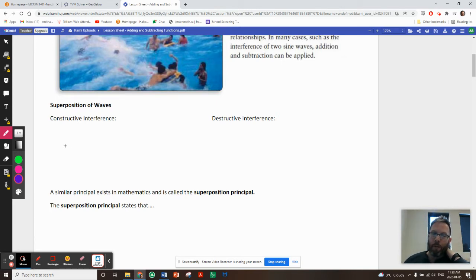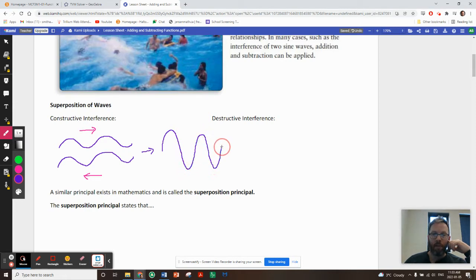But this idea of superposition in waves basically says that if I have a sinusoidal wave, and it meets up with another sinusoidal wave that looks the same, for example, this wave is traveling this way, and this wave is traveling this way, and they meet, the superposition principle says that they combine together, and their highs get really high, and their lows get really low.